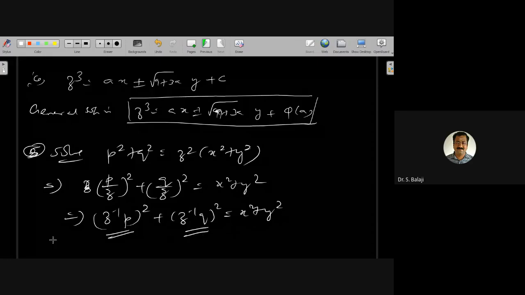So f of z power kp, z power kq, with x and y separate. But z only with p, only with q, with the power here. Here k equals minus 1.